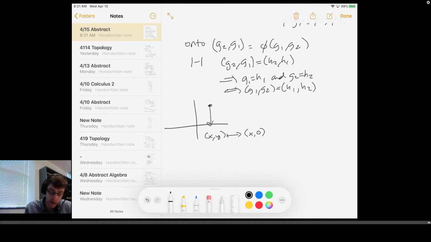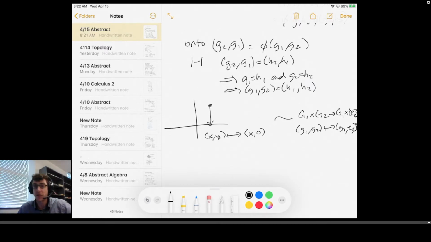This would be the same thing, akin to the map from G1 cross G2 to G1 cross the identity in the second group, by sending (g1, g2) to (g1, e2). Right, so this is something you've seen before. This is called a projection onto G1.